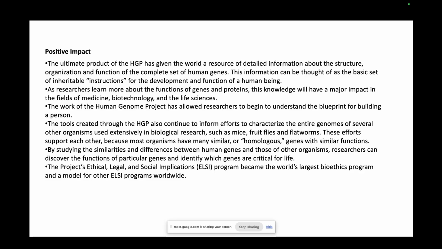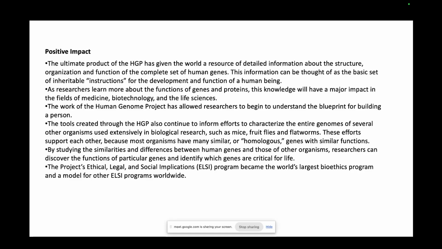That was a very important part. It also helped support researchers who were finding homologous genes with different functions. The sequences of the genes were very similar, but we found different functions of the genes.